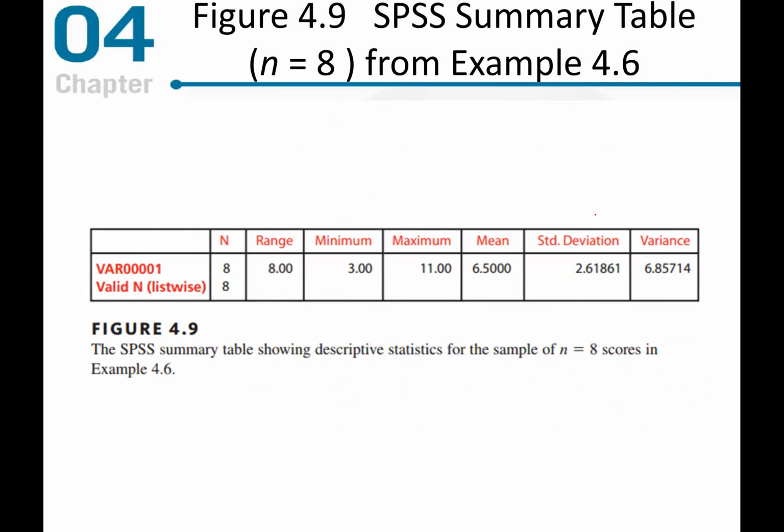Now, how would it look if you were using SPSS? SPSS is statistical software that we are going to be using a lot in the upcoming weeks. If we were to calculate some descriptive statistics, which is going to be one of your first computer assignments, this is how it would look most of the time.